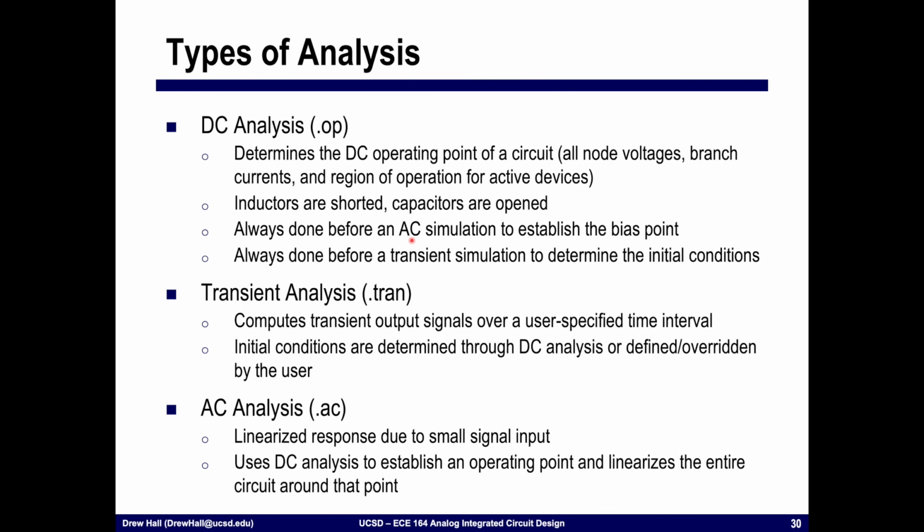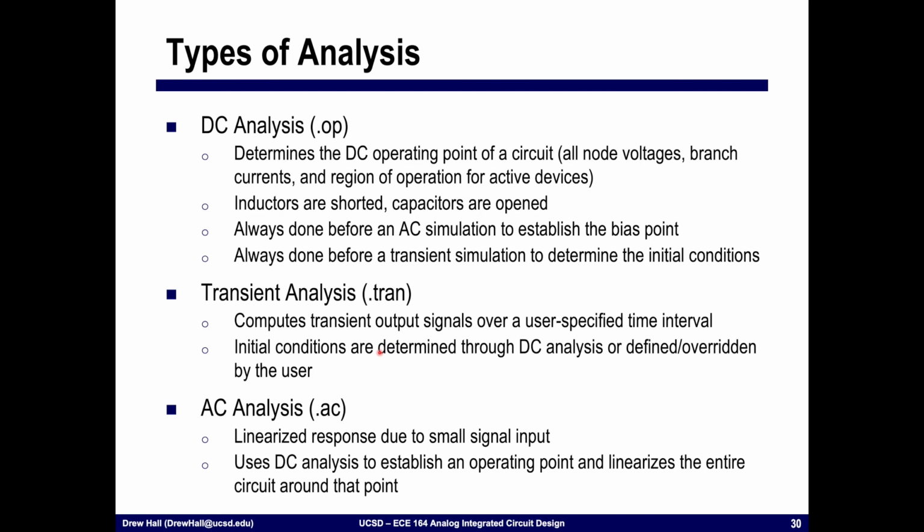Okay? Transient analysis computes the transient voltage over a user-specified time. So this is to simulate what we'd actually measure in the lab if we were hooking up an oscilloscope. Okay? And the initial conditions are determined by either a DC operating point or they're overridden or defined by the user. Okay?